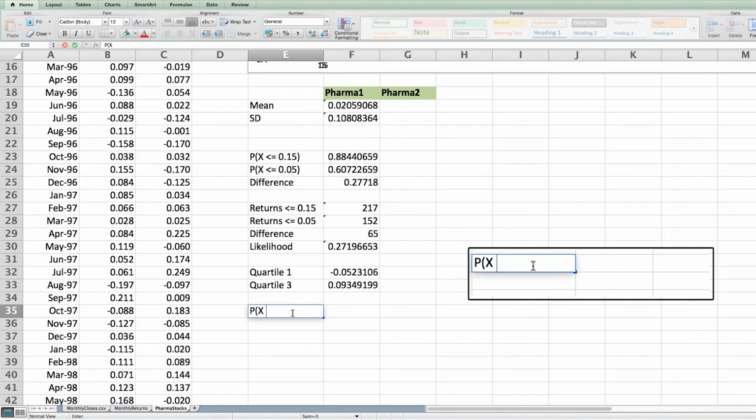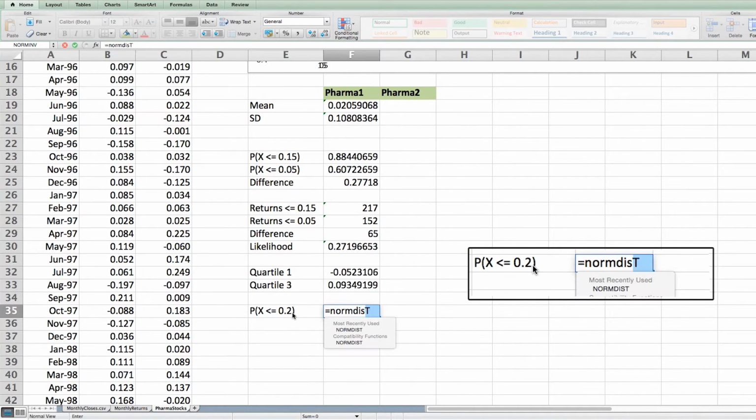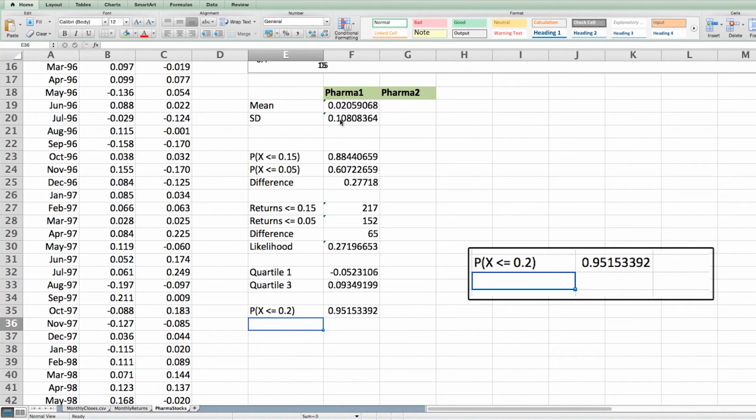So I have probability x less than or equal to 20% or 0.2, and that is given by normdist of 0.2, the mean, the standard deviation, and 1 of course for cumulative, and we get 0.9515, meaning nearly 95% of the monthly returns fall below 20%.